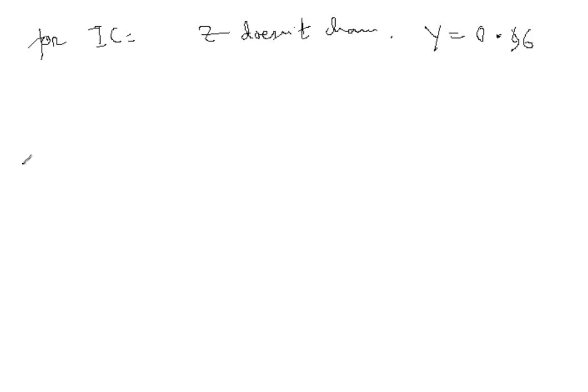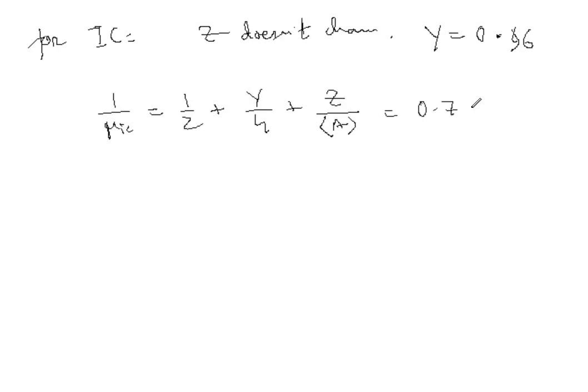Okay? So we can write 1 by mu IC is equal to half plus y by 4 plus z by A average, and you will see that this turns out to be 0.7426.